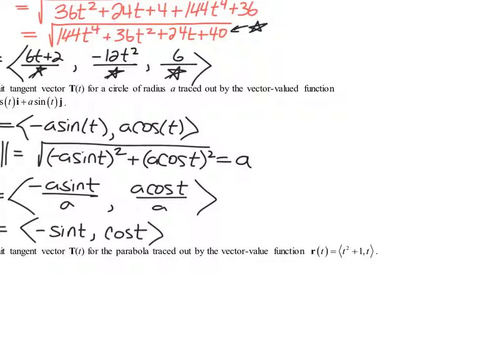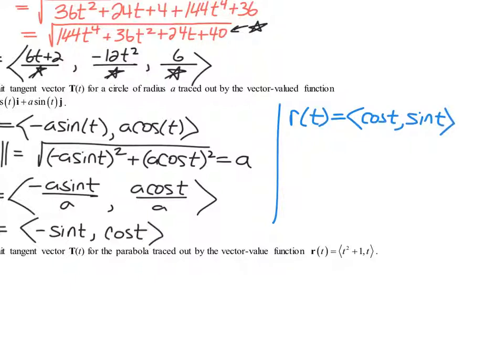How about instead of the unit tangent vector for a circle, we say the tangent vector for a unit circle? All right, nobody's impressed by that. Okay, but the unit circle has a vector valued function r of t equal to cosine t, sine t.